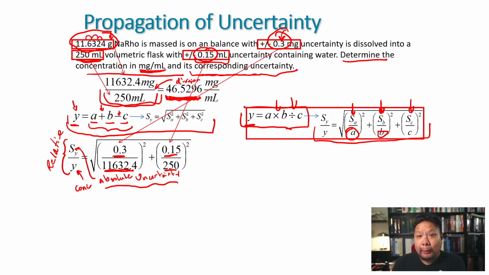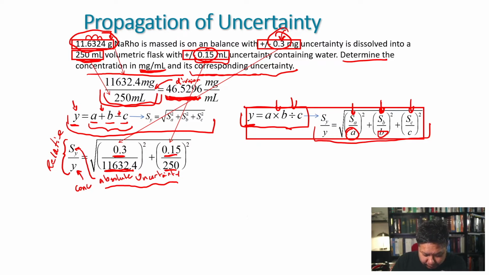But if you had more measurements to add on, you can go on infinitely with the terms in this one. So once you plug these values into the equation, you can get the relative uncertainty by taking the square root of the sum of the squares of the uncertainties divided by the measurements.